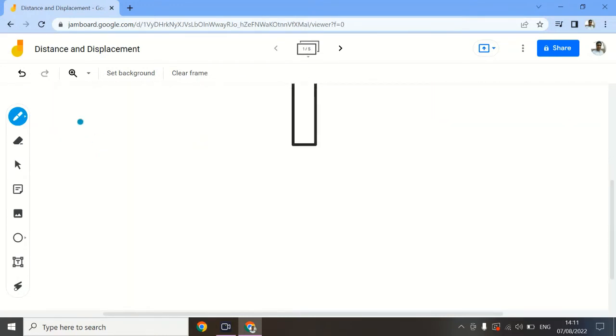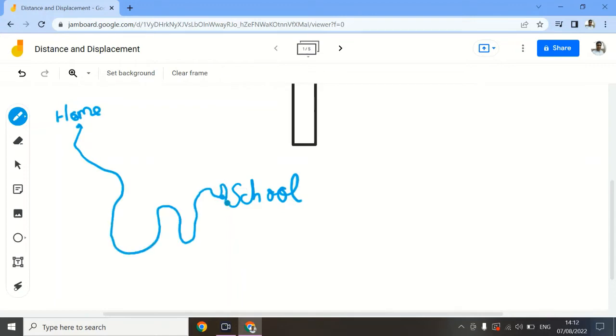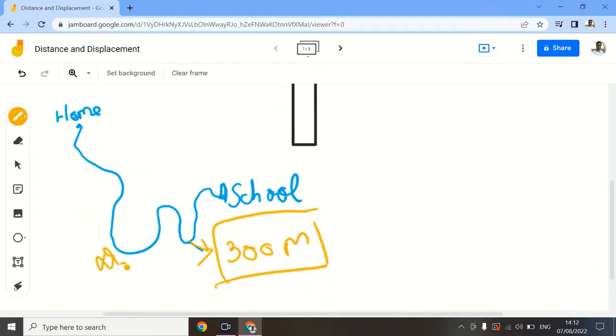If this point is your home, and this point is your school, and you travel like this and reach here, we will take this as 300 meter. This is the actual path, so this will be distance.